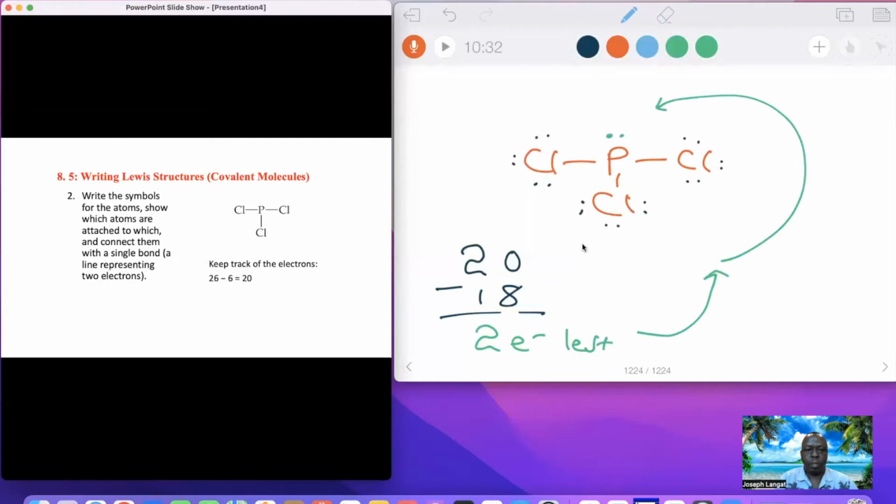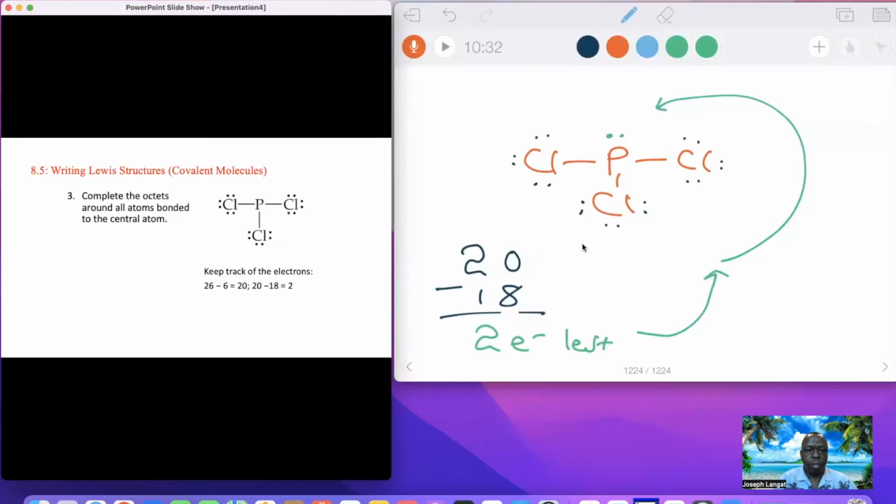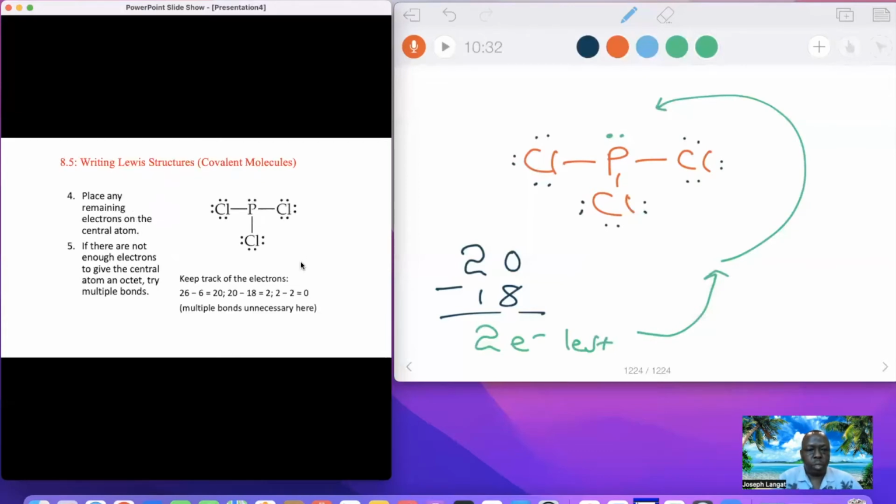You can convert the lines, that's the single bonds, into dots to make a dot structure. Look at how the octet rule has been obtained by each chlorine, and this leads to this structure. Nothing remains. We don't need to make any multiple bonds such as double bond or triple bond.